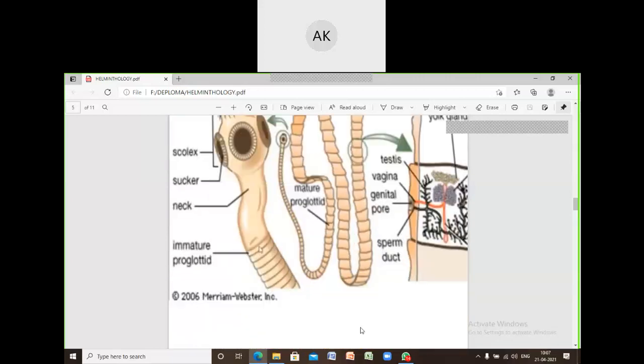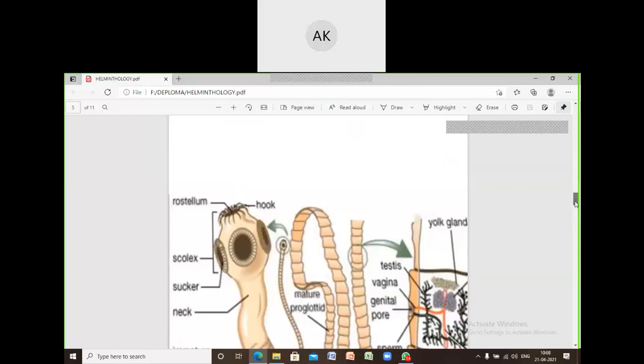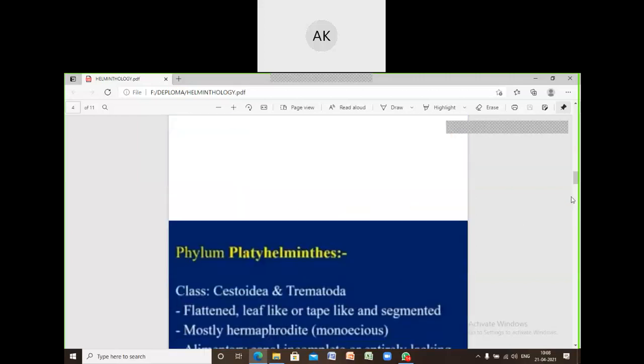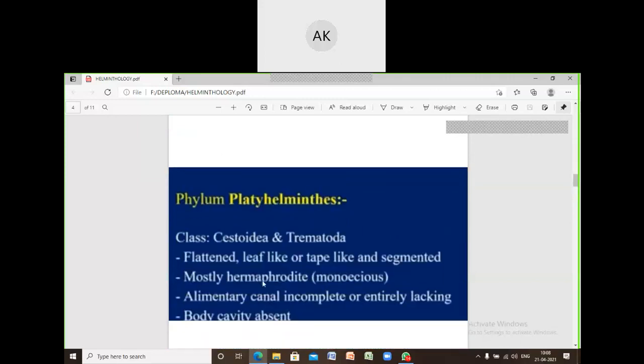Look at this portion: testis is there, vagina is there, genital pore, sperm duct. So both male and female sex organelles are present in platyhelminths. That is why they are known as monoecious. Their alimentary canal is incomplete and the body cavity is absent.